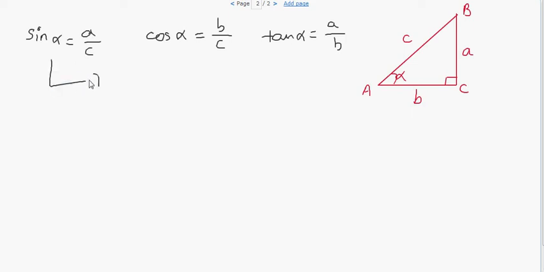Let us call this equation 1 and this equation 2.